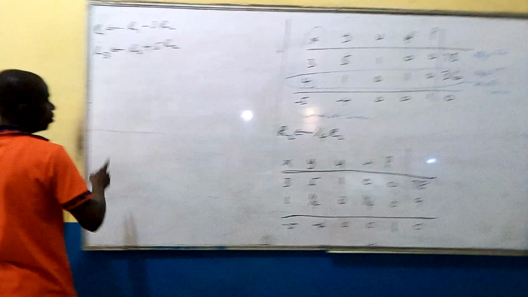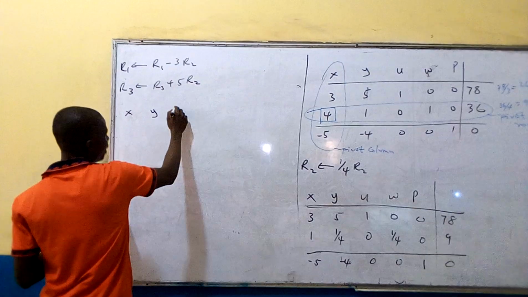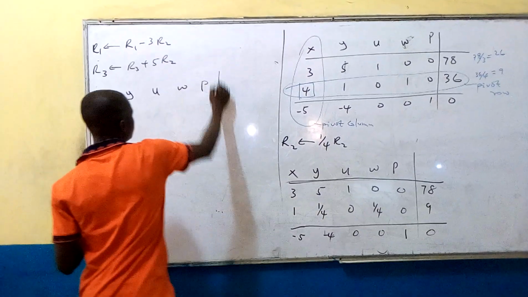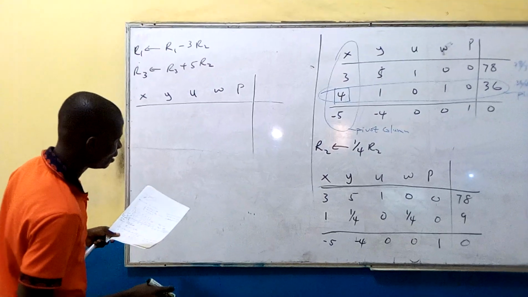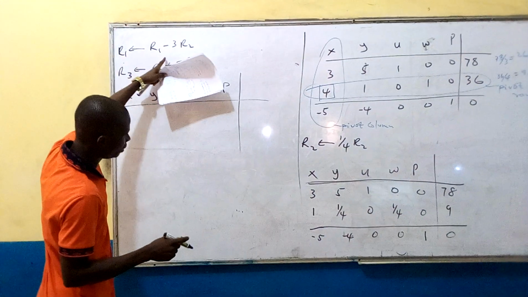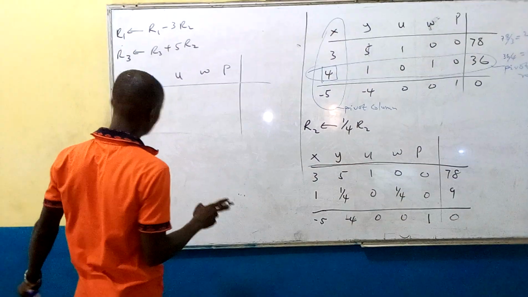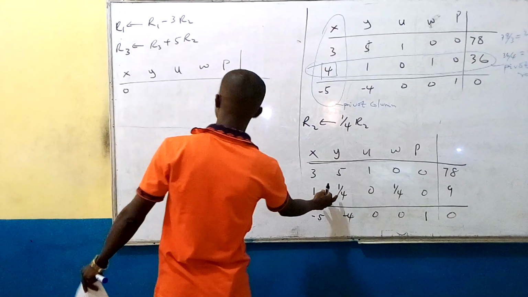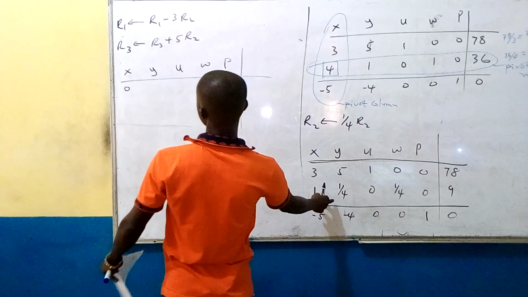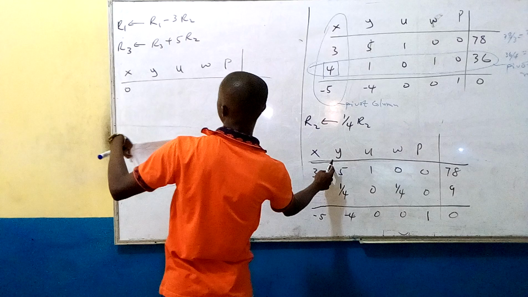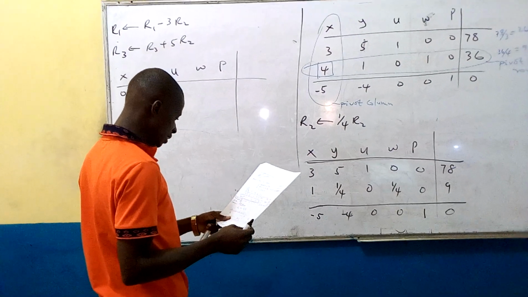So at the next tableau we have x, y, u, w, p. Let's see. Row 1: 3 times this will give us 0. Then that will be 3 over 4 times 5, so 5 minus 3 over 4.